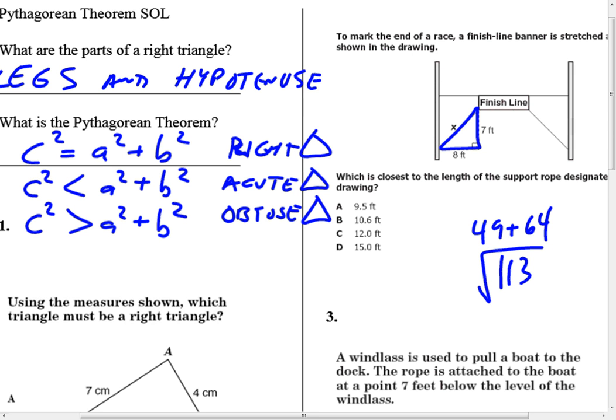Well, what's the square root of 144? 12. So, can't be 12. 15 is too big. My guess is that it's 10.6 because 9.5 would be too small. 10 times 10 is 100, so we know it has to be above 10. 10.6.